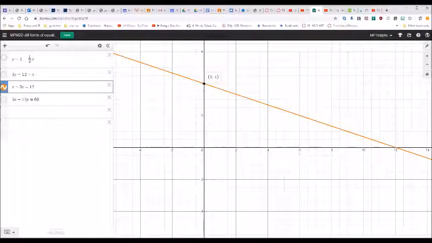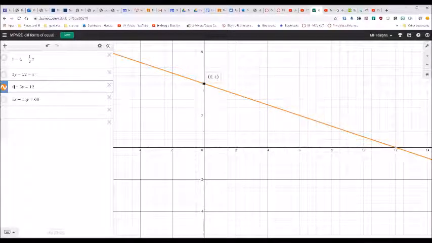So I've changed this form around quite a bit, and it's the same line, because it's effectively the same equation. I'm applying the same operations to both sides of the equation, thus maintaining the balance.